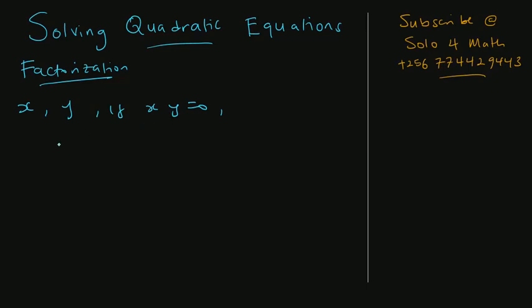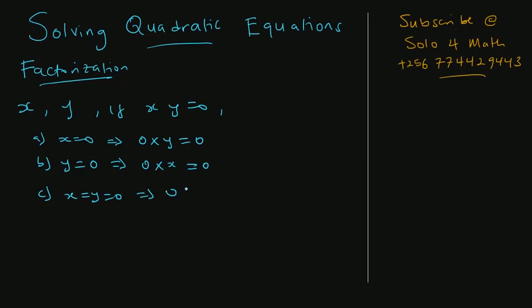It means for x times y to be equal to 0, either x is equal to 0, such that we have 0 times y giving us a 0, or y should be 0, so that y is 0 times x is equal to 0, or both of them should be 0, so that 0 times 0 is a 0.